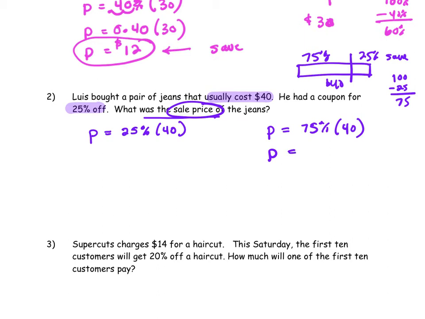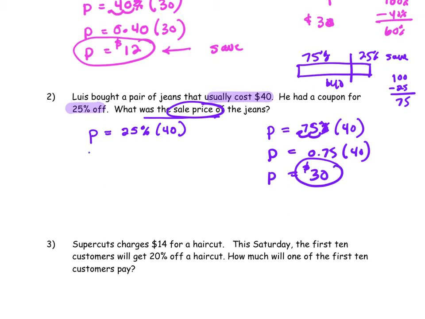We would move the decimal 2 places to the left or divide it by 100, which will give us 0.75 times 40. Pause and use your calculator, please, and tell me what the answer is. The answer is $30. So this is the amount that Louis will pay.